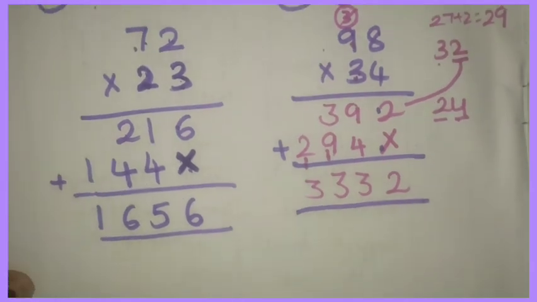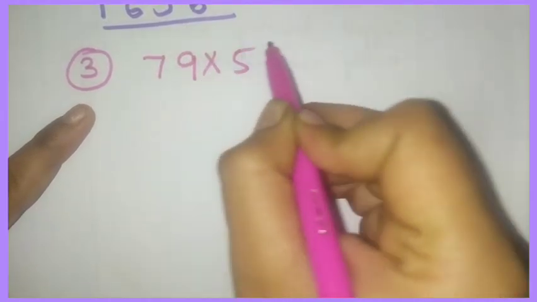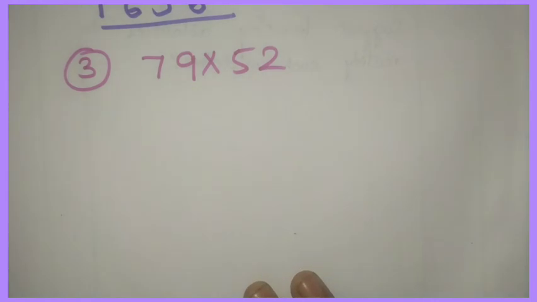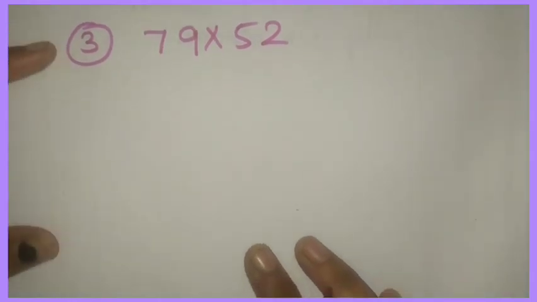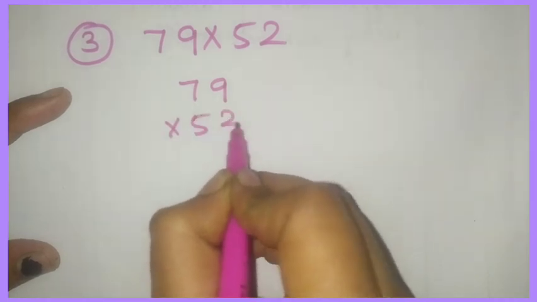I will explain one more example. 79 into 52 is there. So we'll write first 79 here into 52.